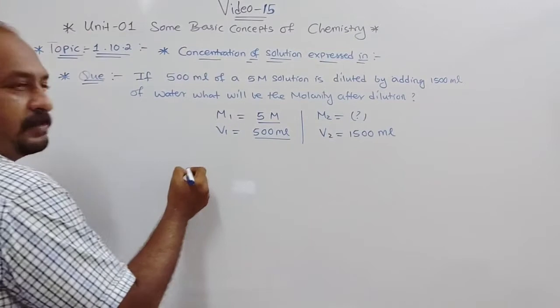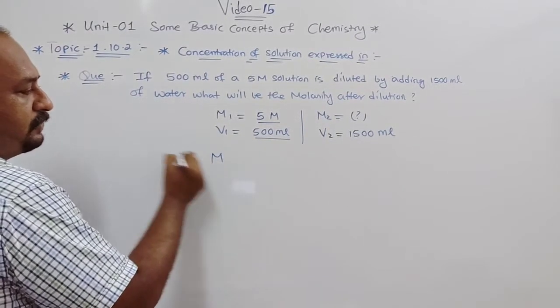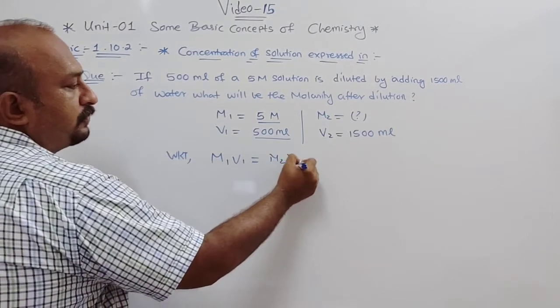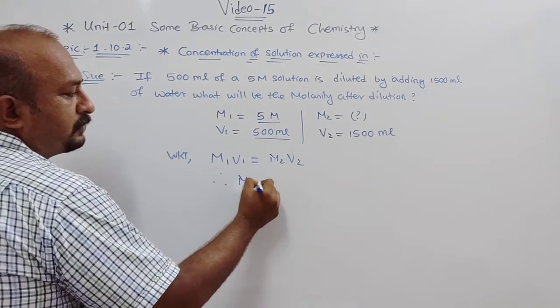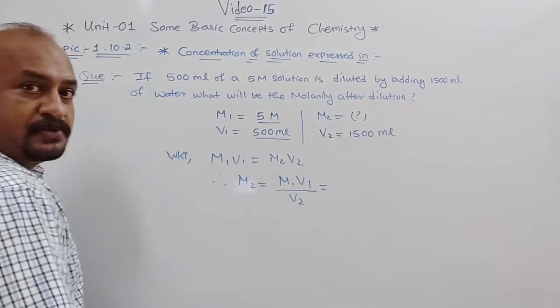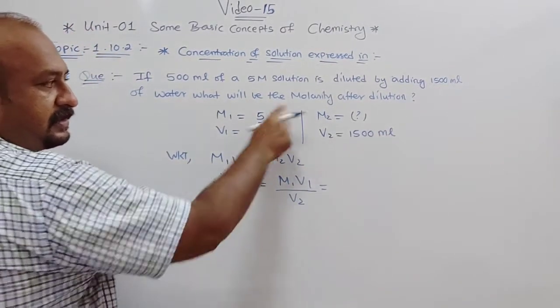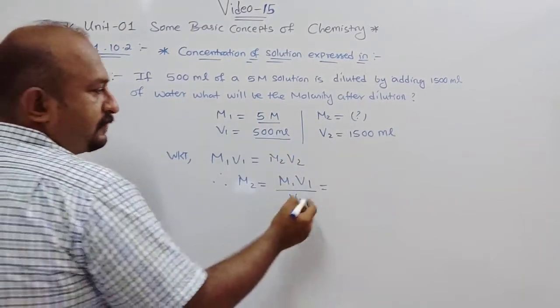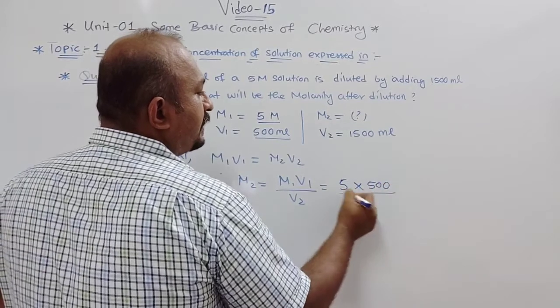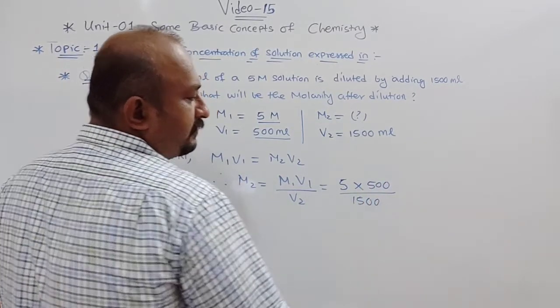Using the dilution formula M1V1 equals M2V2, M2 is equal to M1V1 upon V2. Substituting the data: M1 is 5 into V1 is 500 ml divided by 1500.